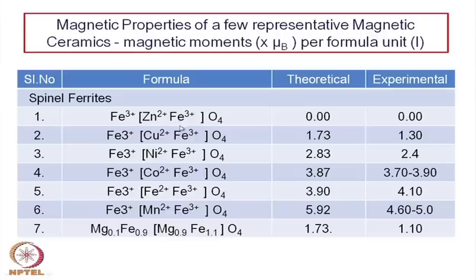The Fe3 plus, one ion is in the octahedral site, the other is in the tetrahedral site. So, they always cancel each other because they are in antiparallel ordering.